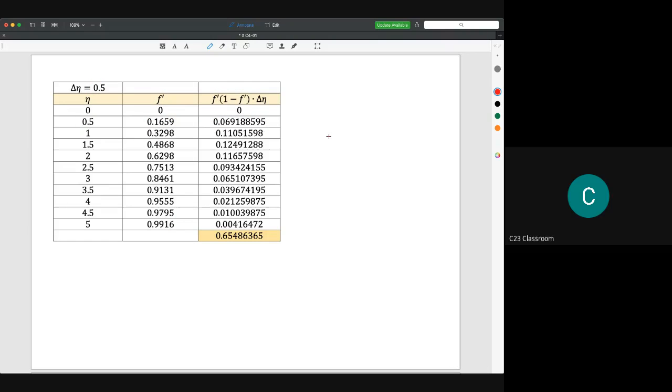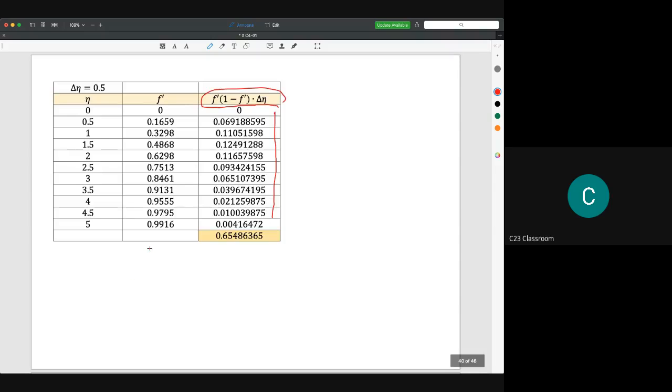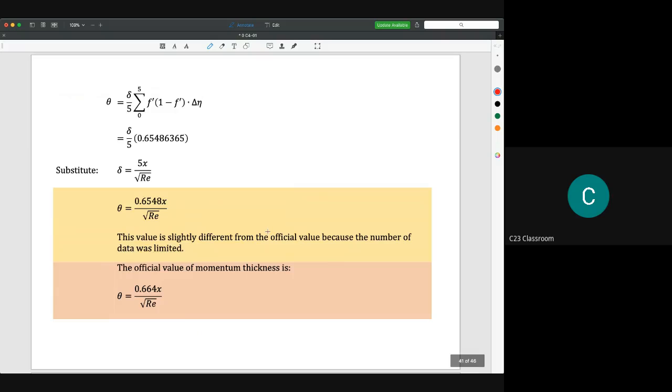Then if you get everything here, you start to calculate, and please remember that we have sigma. Sigma means the summation. So you need to sum all these values, and you will get this term, this value 0.6548. Then you could continue your calculation.